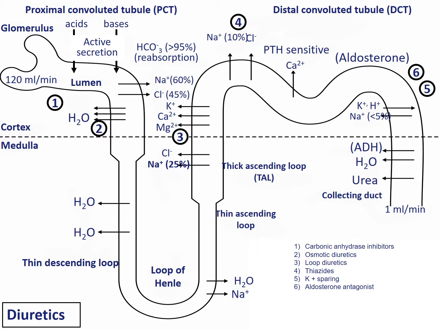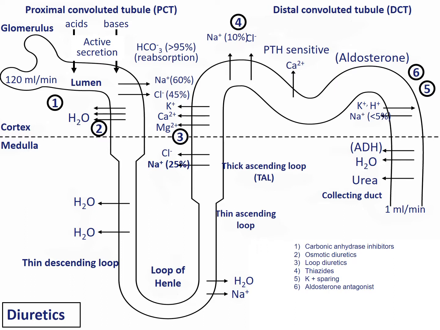As we progress to the distal convoluted tubule, this is where you have the sodium chloride co-transporter that predominantly causes reabsorption of sodium and chloride. Further down in the collecting duct, this is where you have the reabsorption of water and urea, and a small degree of exchange of potassium and hydrogen.